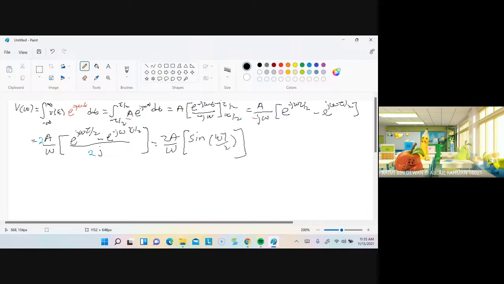Later on, when you solve this until the end, you will have sine of omega tau over 2 over omega tau over 2.